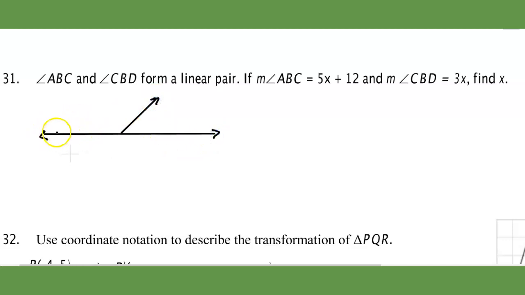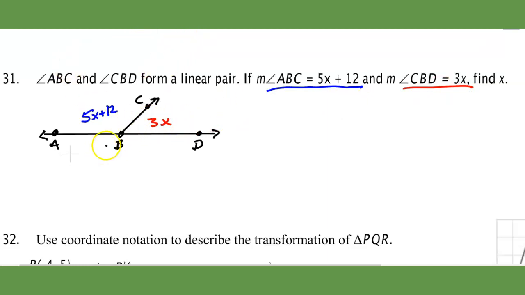So ABC, we call this A, B, C, and CB, that makes this D. So if ABC is 5x plus 12, and CBD is 3x, what does x equal?